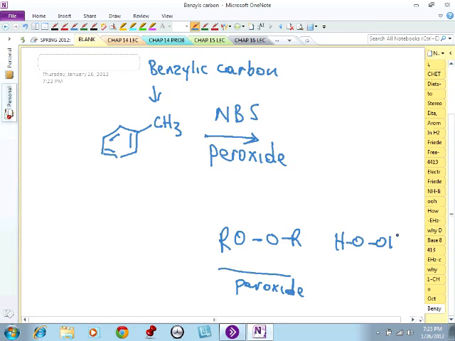I'm sure you guys used hydrogen peroxide before, right? So you take NBS in the presence of a peroxide. What does that do? It replaces a benzylic hydrogen with bromine. That benzylic hydrogen must be attached to an sp3 carbon.